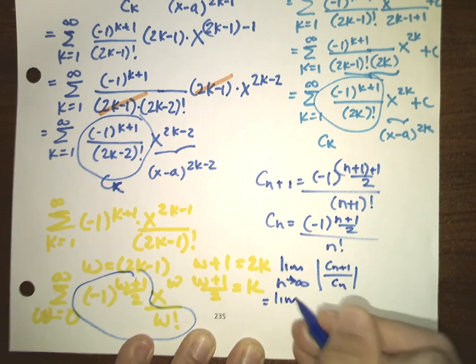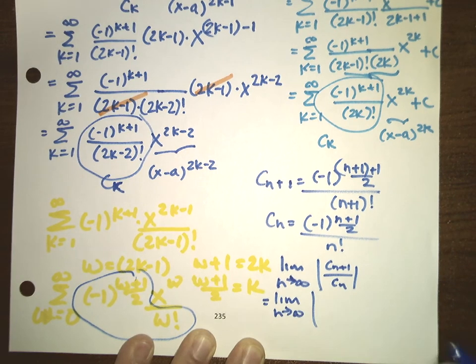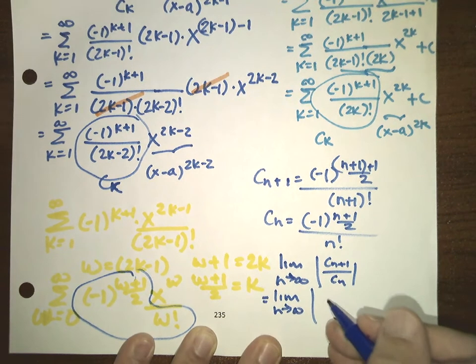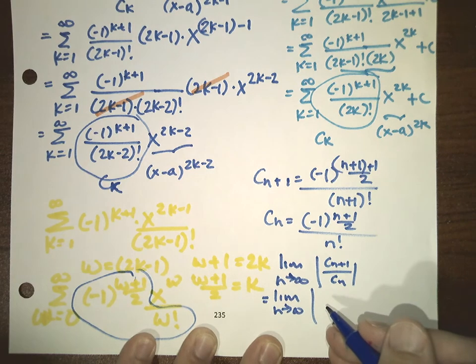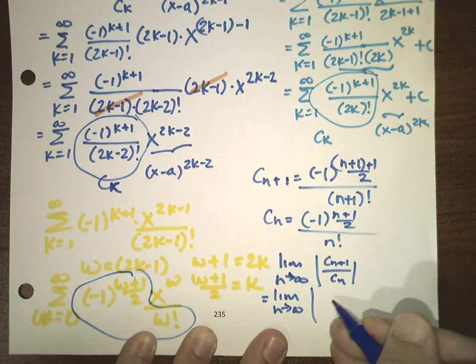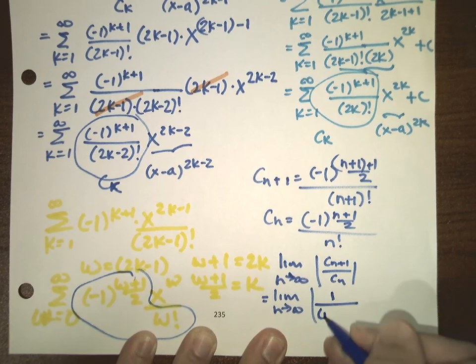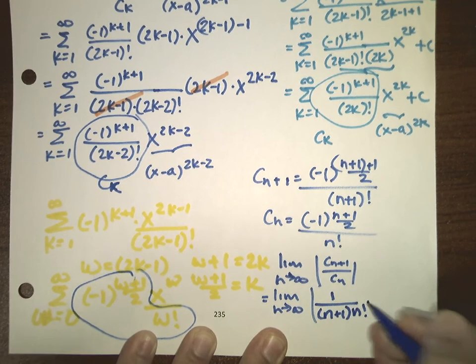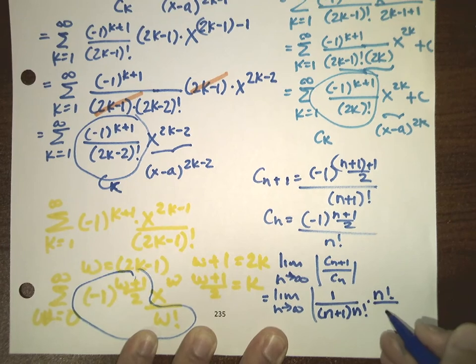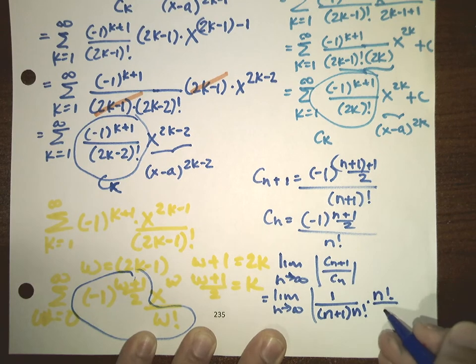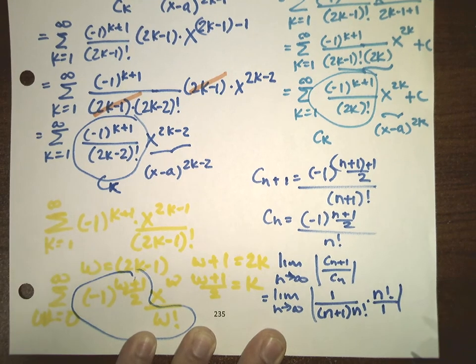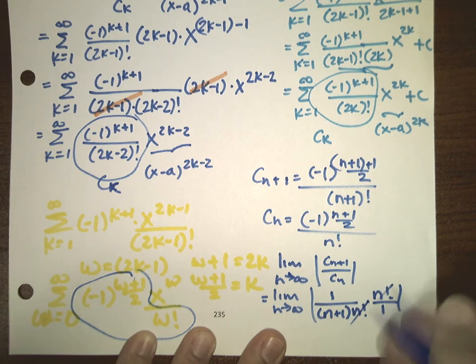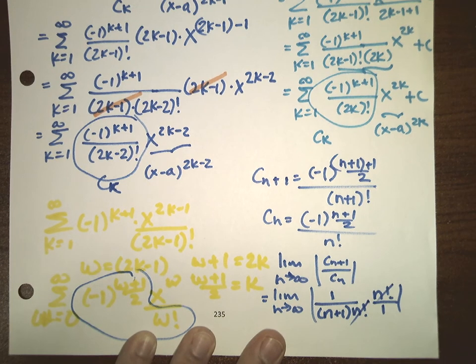So that's the limit as n goes to infinity of, well, what does that give me? That's going to be 1 over n plus 1 times n factorial over 1, right? And so then I can divide out the n factorials.